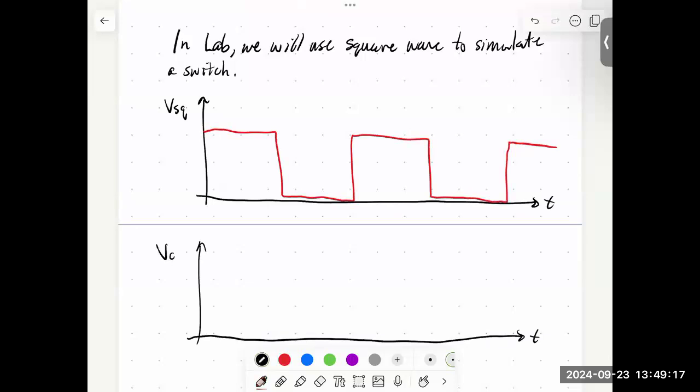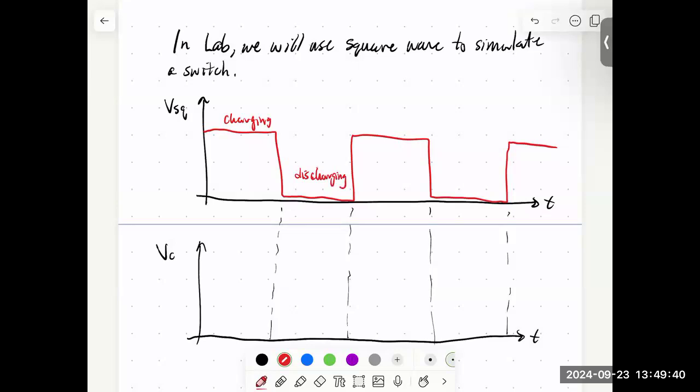There are some important times, and those correspond to the transitions of the square wave: charging, discharging, charging, discharging.